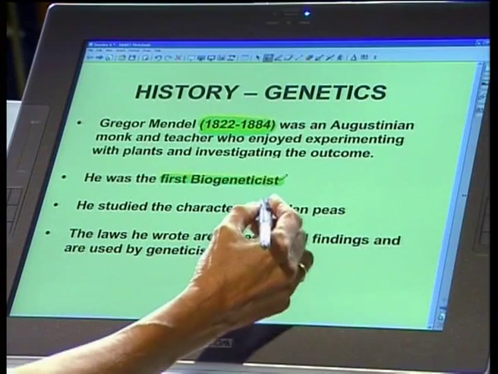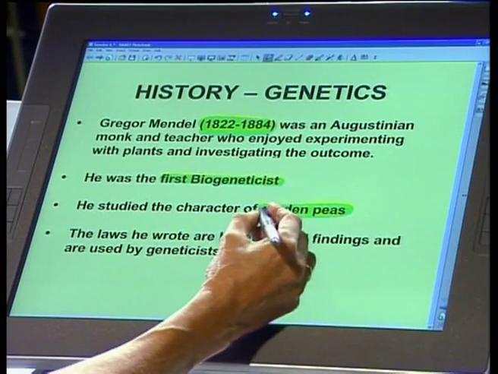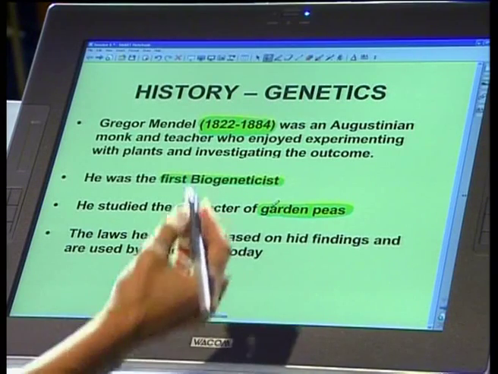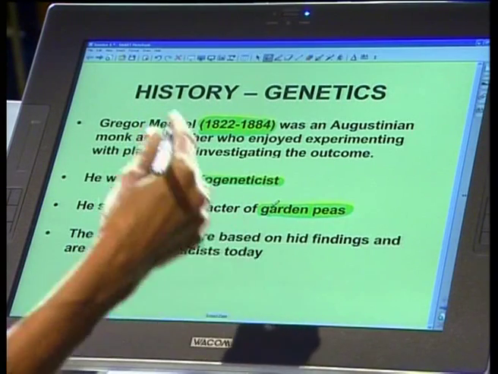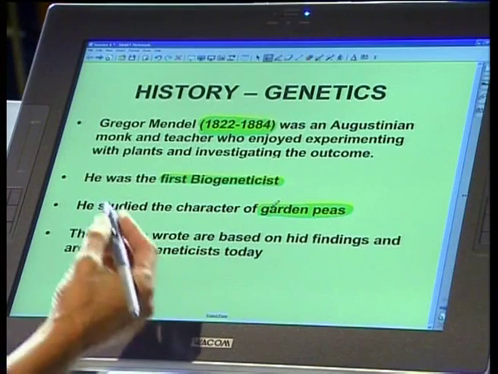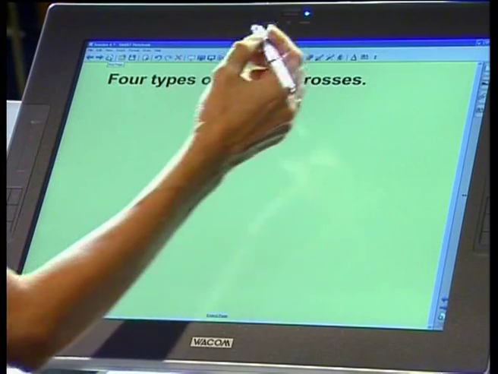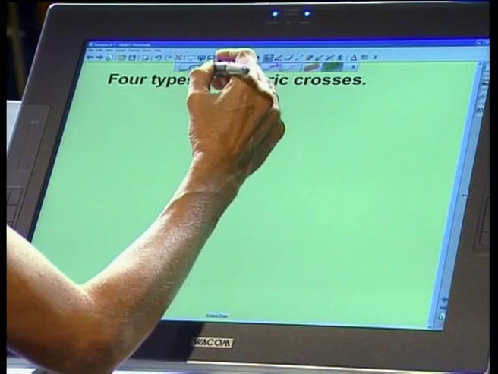All right, so Gregor Mendel studied the characters of garden peas, and when we get to his laws, they revolve around those garden peas. He also wrote the laws based on all his findings that are used in genetics today, which we've already said. Now, there are 4 types of actual genetic crosses, and if you know these 4 basic types, then everything else is a piece of cake.